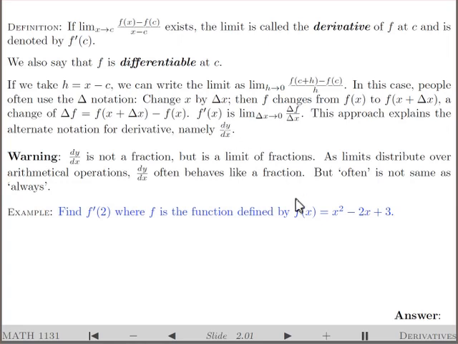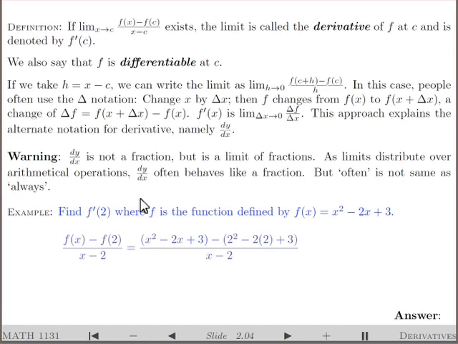So for this function f of x, if I do the difference quotient, (f of x minus f of 2) over (x minus 2), f of x is x squared minus 2x plus 3. F of 2 is what we get by substituting 2 for x. That's 2 squared minus 2 times 2 plus 3.